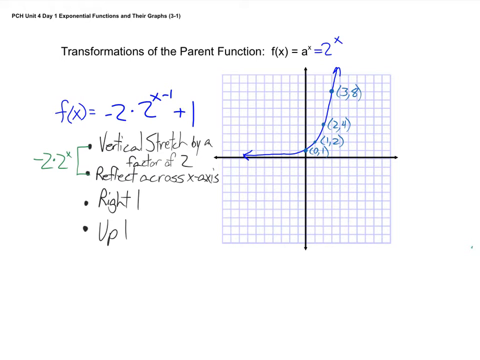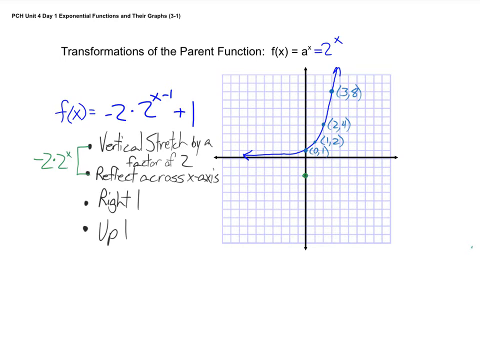All of those points, the y-coordinates can be multiplied by -2, because we're going to stretch it to twice its height and then flip it over the x-axis. So this 0, 1, if we double the height, it's now at 0, 2, but then we reflect it down to 0, -2. We can do that in our heads decently well.